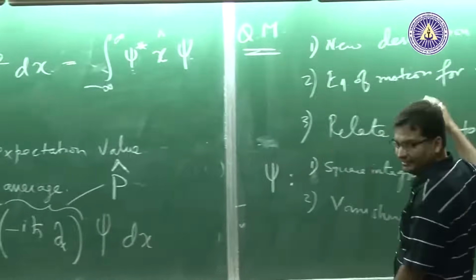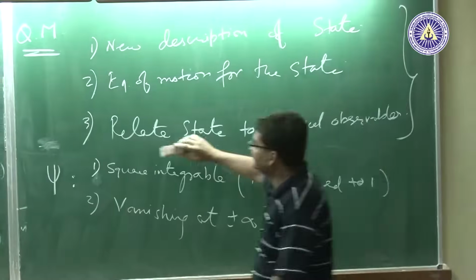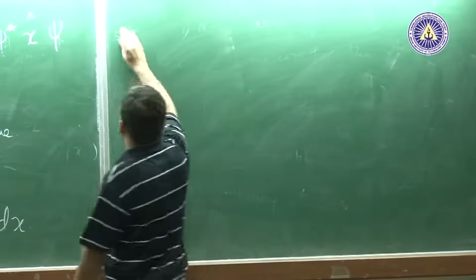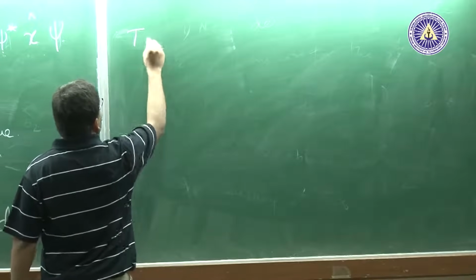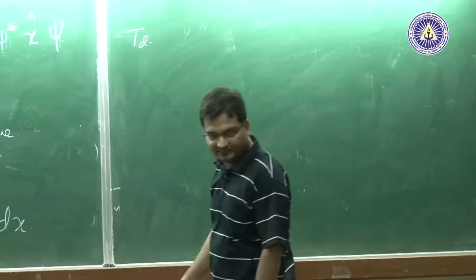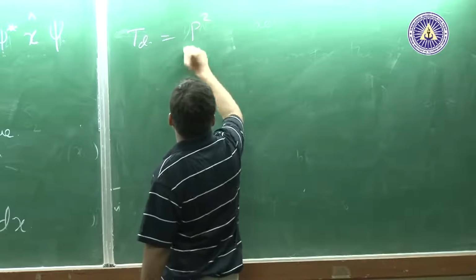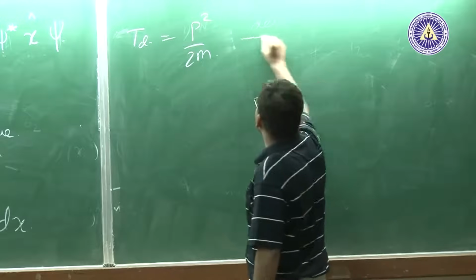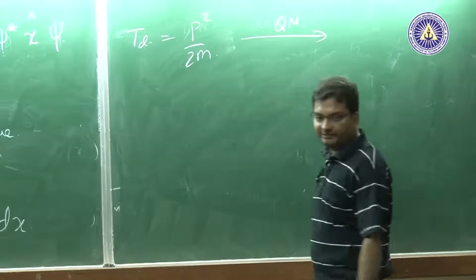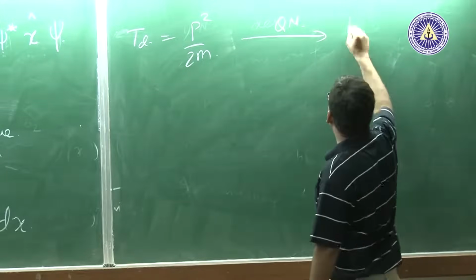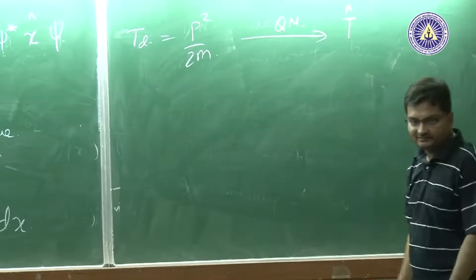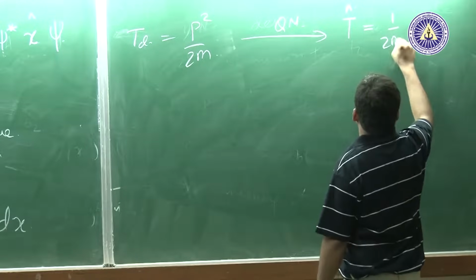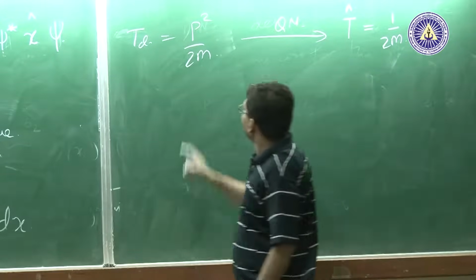since we have internalized these things, let me get rid of this. For example, I can try to calculate the kinetic energy. Let us say T in classical mechanics is just p square by 2m, right. That in quantum mechanics should become an observable operator T hat, which has a similar form: 1 by 2m times p square.